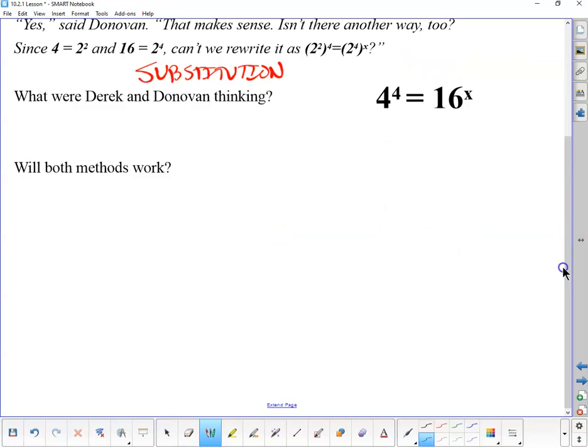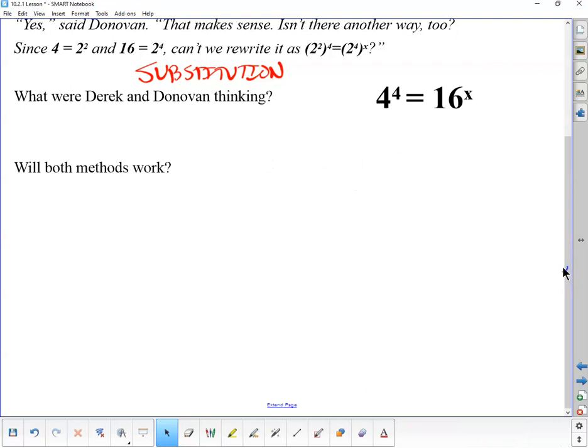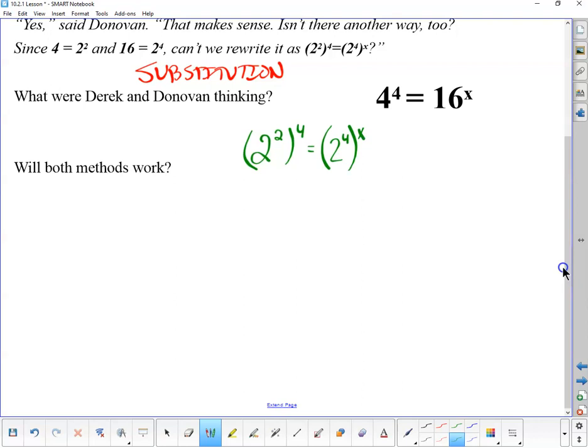So the first method, we'll just take this 2 to the power of 2 to the power of 4 is equal to 2 to the power of 4 to the power of x.